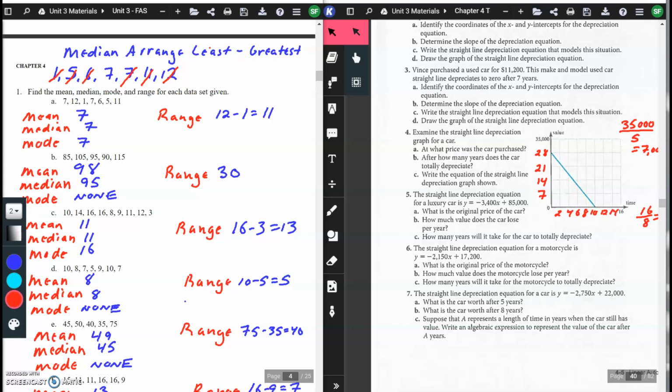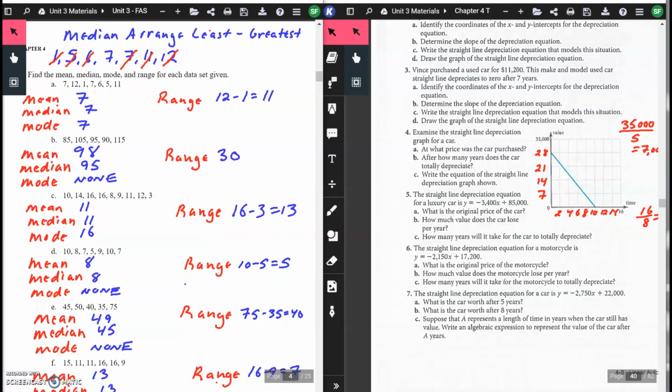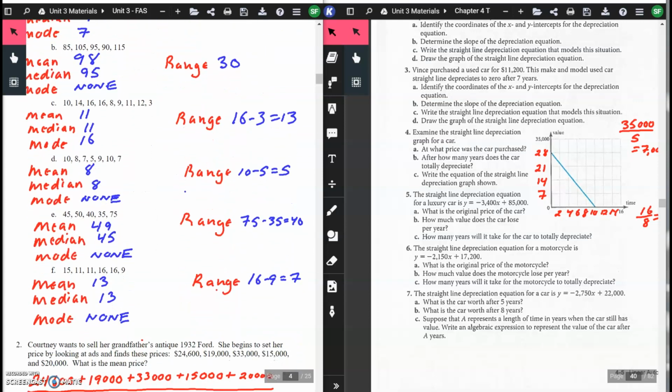Okay, so for number 1, you got a lot of parts here. I already did these for you guys, so you guys can just check your answer. I do want to point out one thing. If you look at letter number B, you'll notice that you have no number that is repeated, so you have no mode. Okay. Notice for letter number D, you have 10 which is used twice and you have 7 which is used twice.